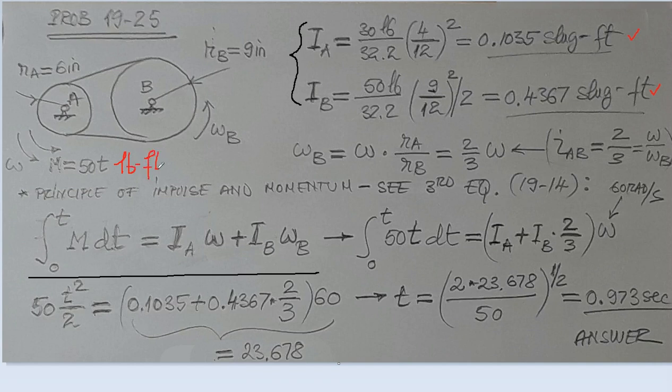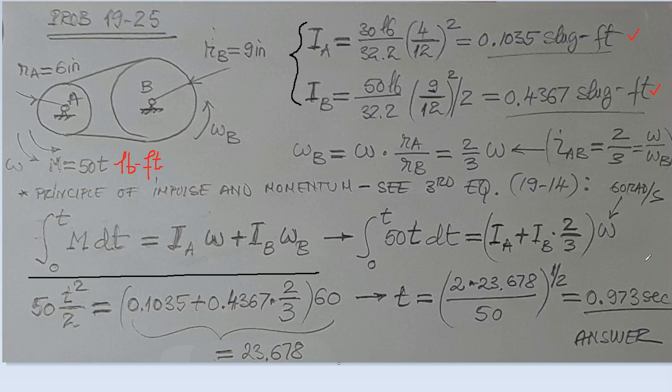Oh, luckily. So the impulse of the moment M, integral from 0 to t, and what I did, I factored omega and I assumed that to be 60. I should have rather made it explicit, omega as a function of omega b, and made that equal 60, but no harm done.